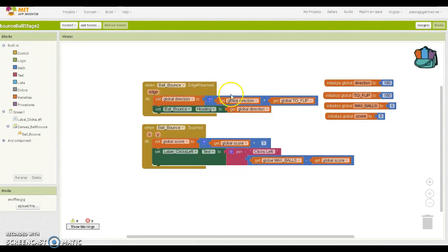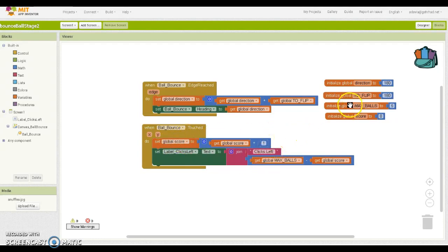The other question was about global score and max balls. Max balls is a fixed value, but global score is an accumulator. So the question is why? Why are these not the same thing?